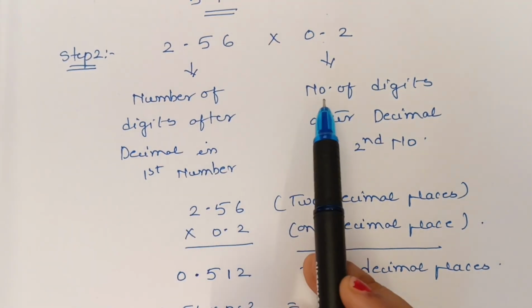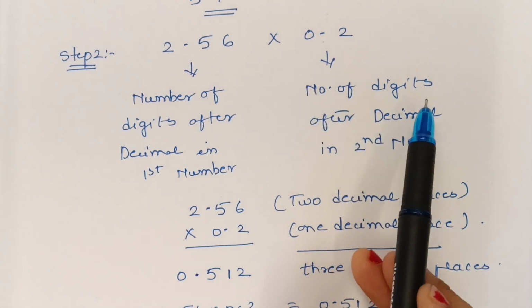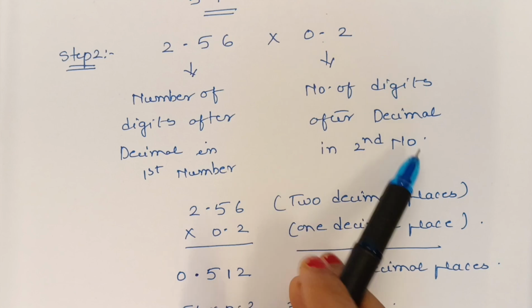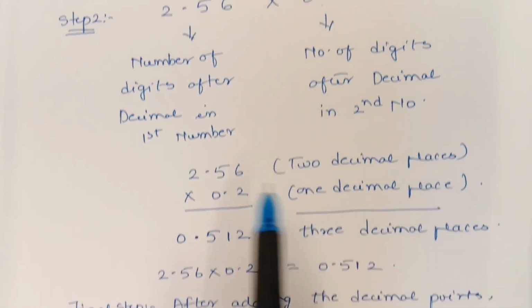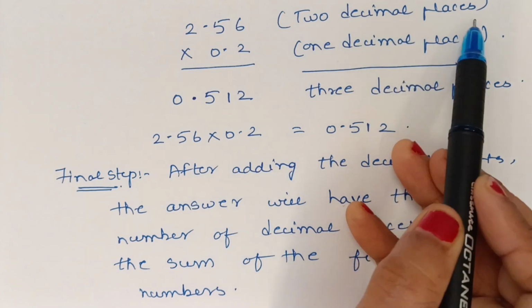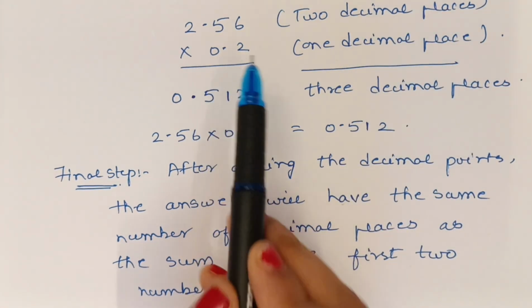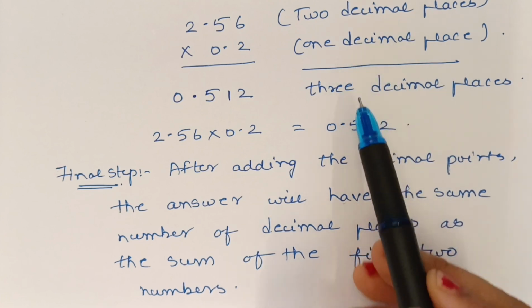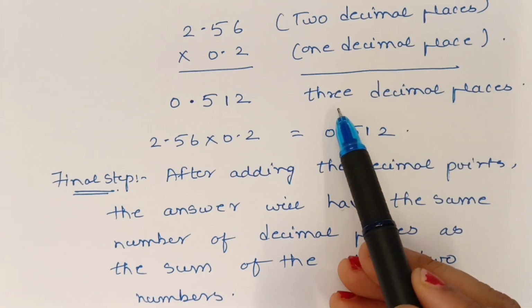Similarly, in the first number, and then similarly, count the number of digits after the decimal in the second number. So when you see the question again, in the first number you have two decimal places, whereas in the second number you have one decimal place. Total, three decimal places.